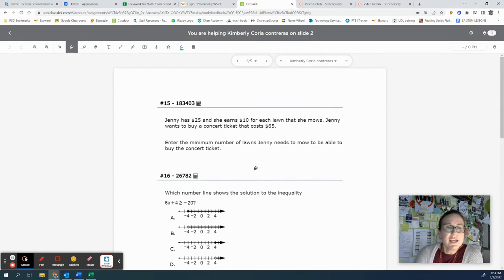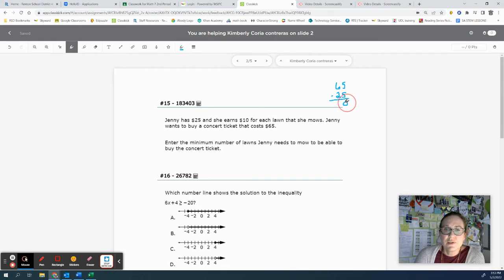Okay, Jenny has $25 and she earns $10 for each lawn she mows. Jenny wants to buy a concert ticket for $65. Enter the minimum number of lawns Jenny needs to mow to be able to buy the concert ticket. Now, there are a lot of ways to solve this one. You could take $65 and subtract the 25 that she already has to find out how much money she still needs to earn.